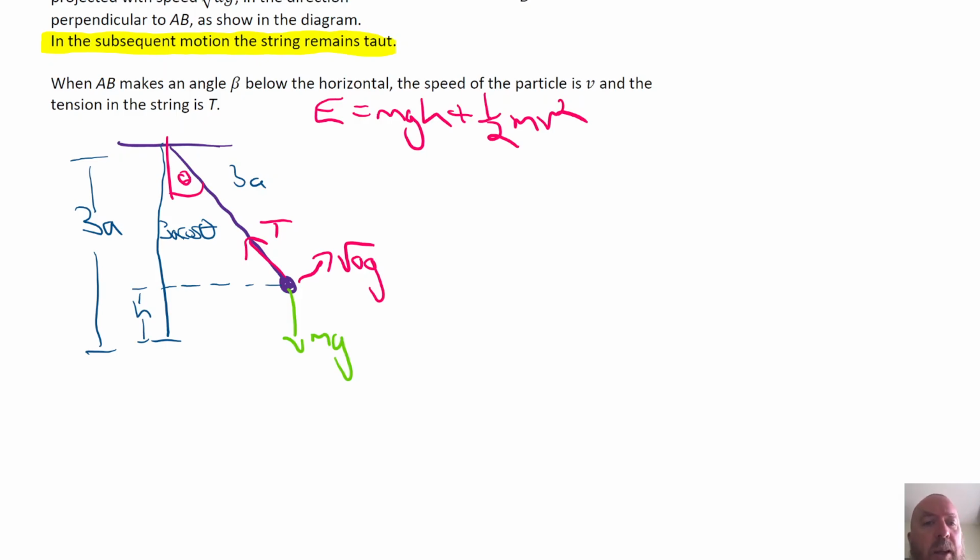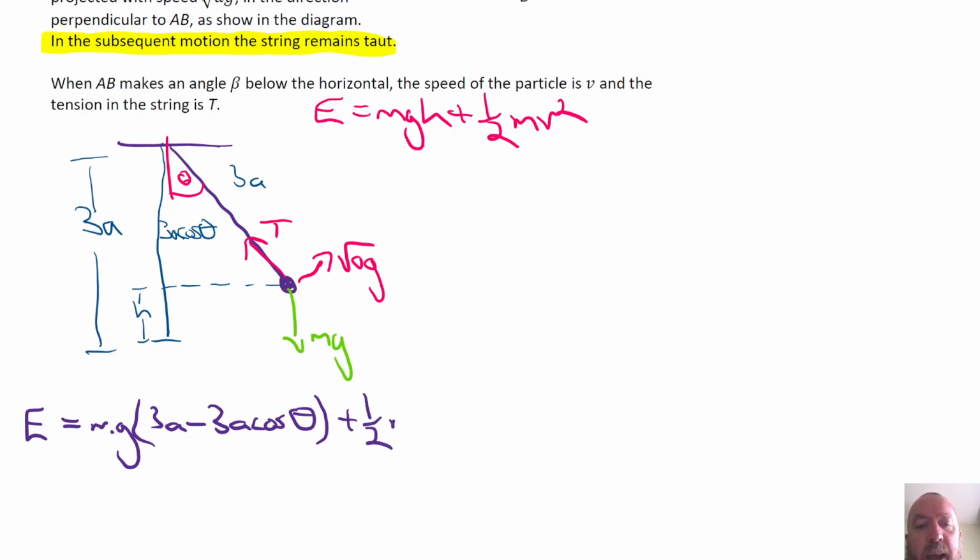So I think we can say that the starting energy of the system is mgh, which is mg times 3a minus 3a cos theta. So that's our mgh, plus half m root ag squared.